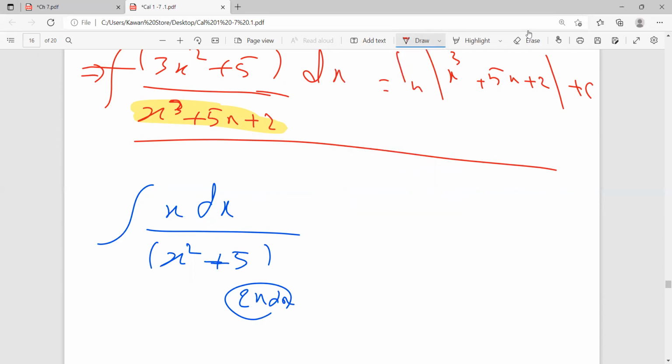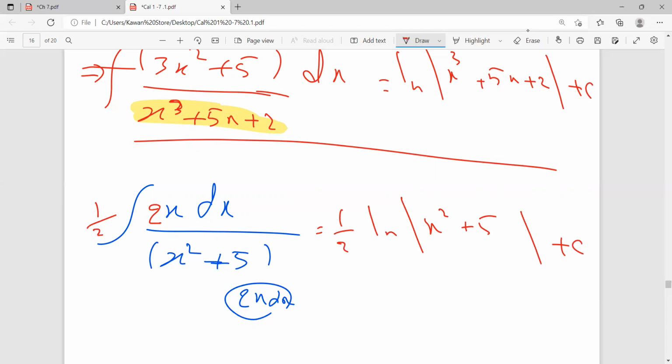We add 2 here. Now I have 1 over 2 ln of x squared plus 5. You don't need to think much about it. Just write the denominator, balance the numerator with the denominator, and go on. Understood? Do you need another example, dears? If I gave you 10, another 10 is the same.